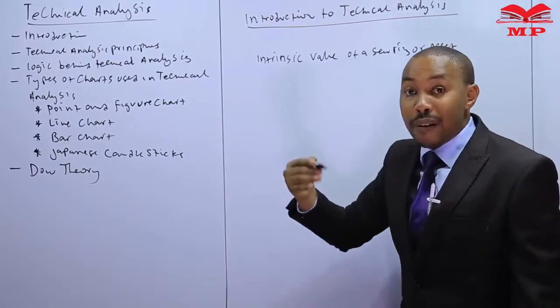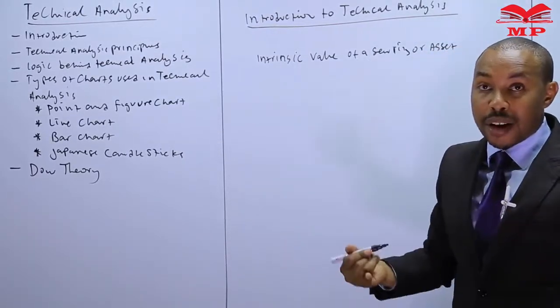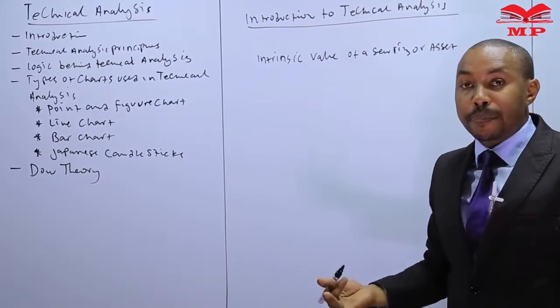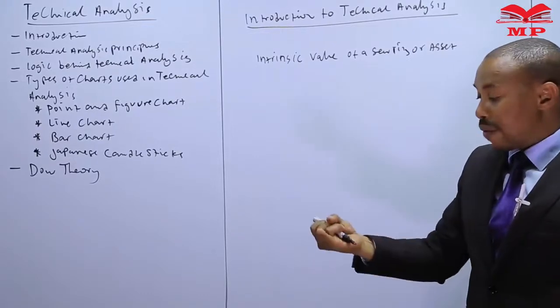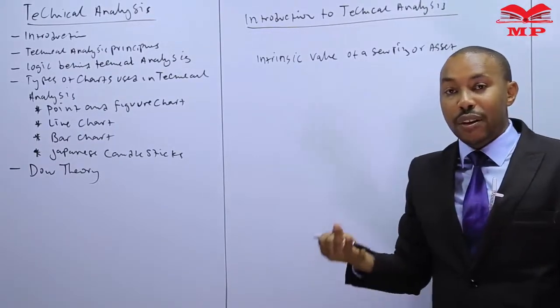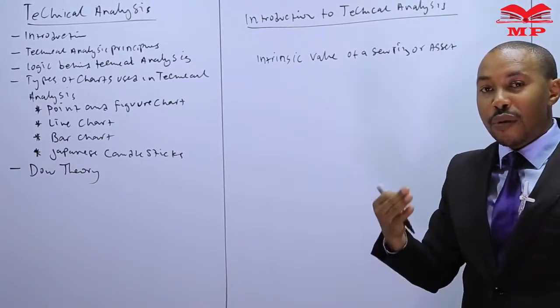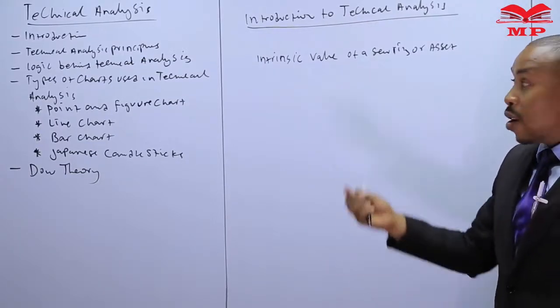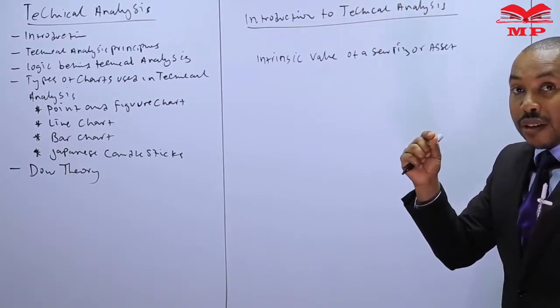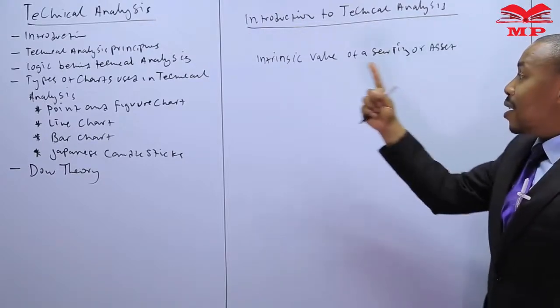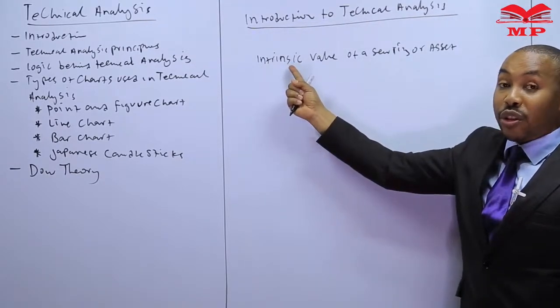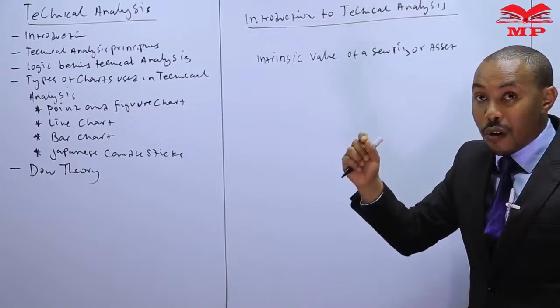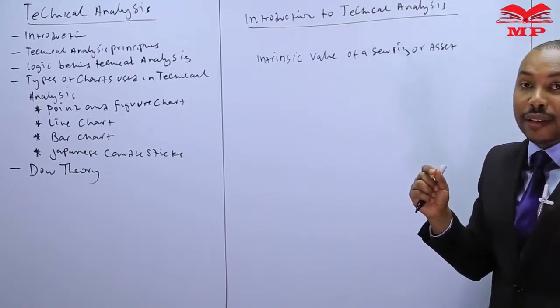That is what we have been doing by looking at the free cash flow method. We have mentioned the dividend discount model. We've also looked at the price multiples and the residual income. Using those models tries to identify the intrinsic value, the true and fair value of a security or an asset.